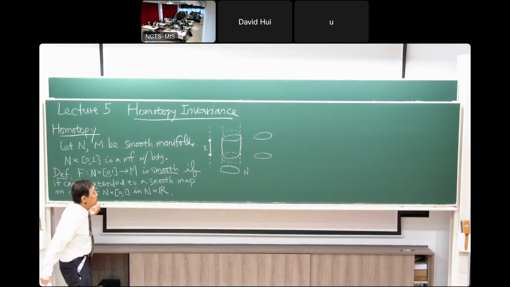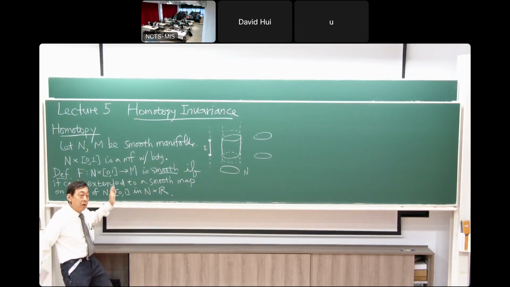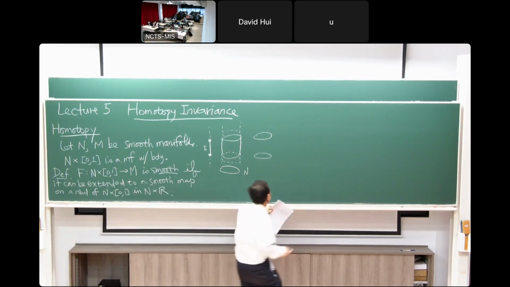So that's what it means for a map to be smooth on this manifold with boundary.